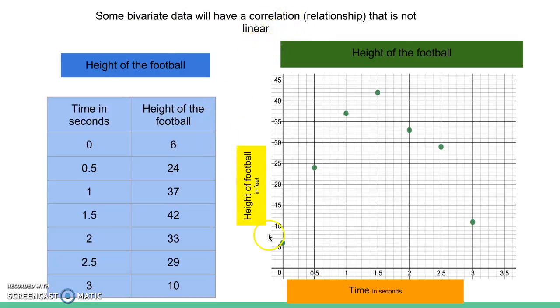Notice, as time increases, when we punt a football, the height of the football goes up, but then it must come down. So this tends to be a quadratic relationship, which you'll talk about in algebra and we'll touch on a little this year. I just wanted to let you know that not everything we collect is going to be linear.